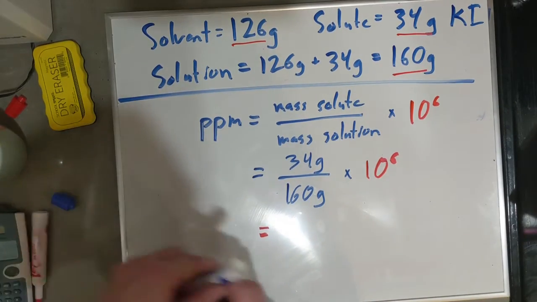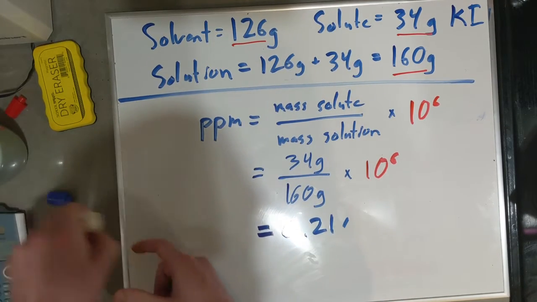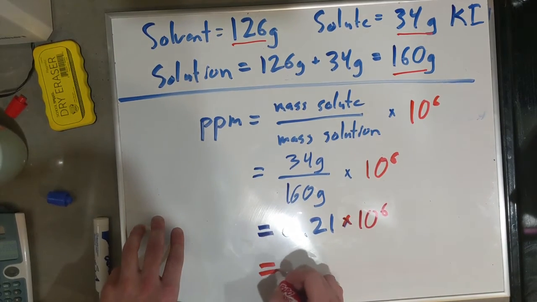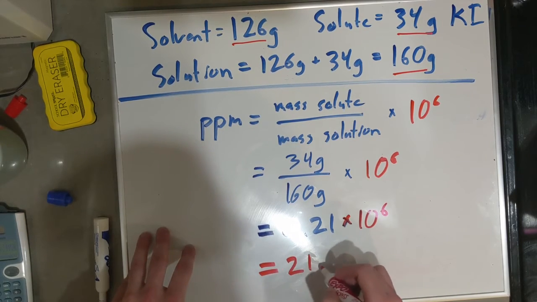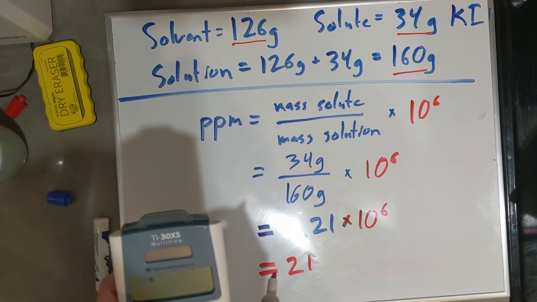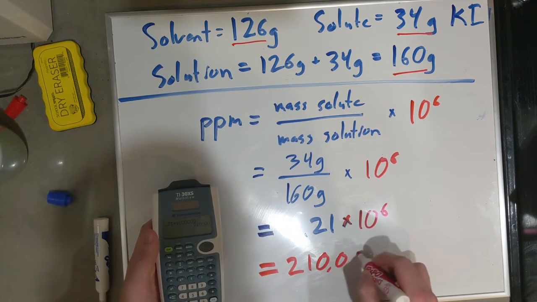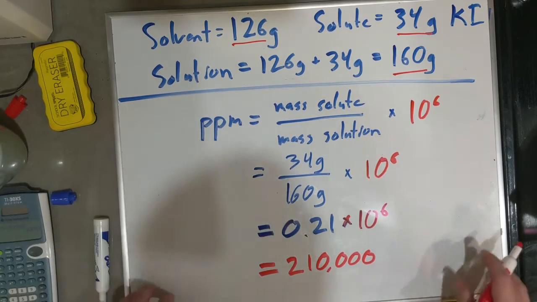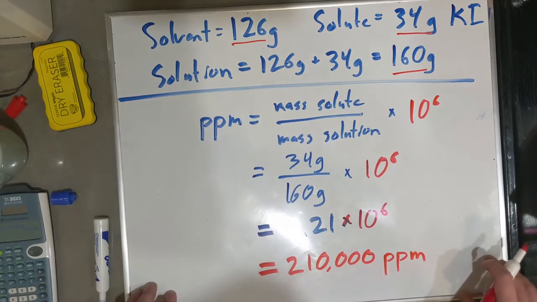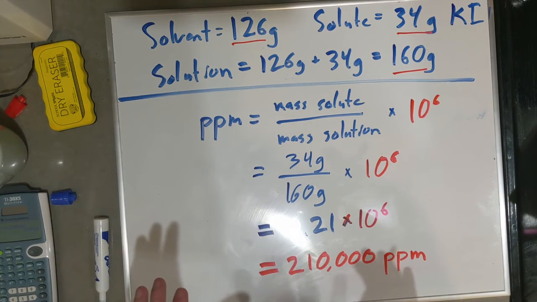This is going to give us 0.21 times 10 to the 6th, times a million. There we go. 210,000 parts per million.